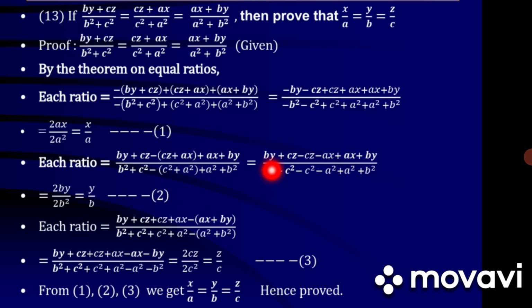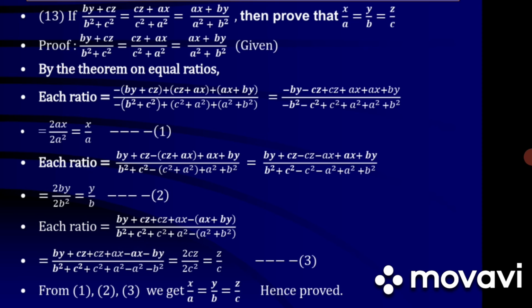This is equal to by plus cz minus ax plus by upon b square plus c square minus c square minus a square plus b square. Eliminating cz and ax from the numerator and c square and a square from the denominator, we get 2by upon 2b square, and that is equal to y upon b. Let this be 2. In the third case, we want z upon c.